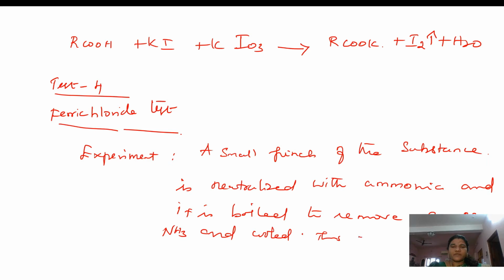This is mixed with neutral ferric chloride solution.